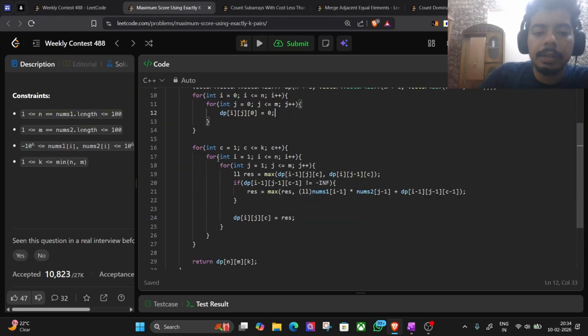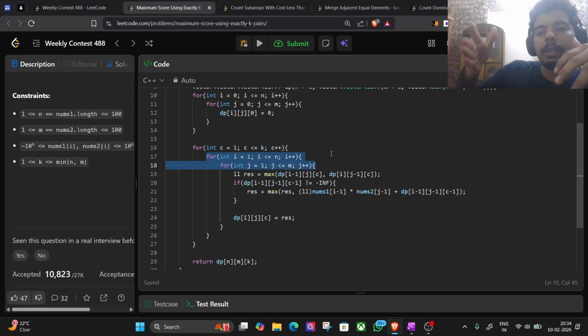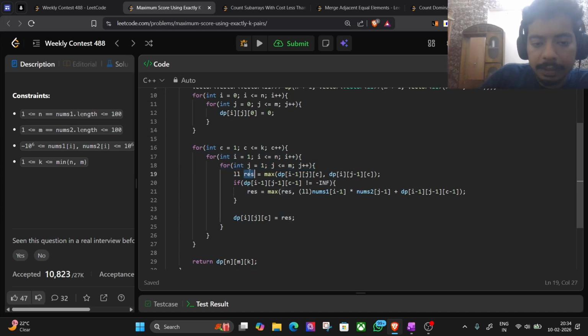Now iterate over all the chosen indices from 1 to k, and then iterate over all the indexes of your nums1 and nums2. Then this result will store the maximum of a, b, c.